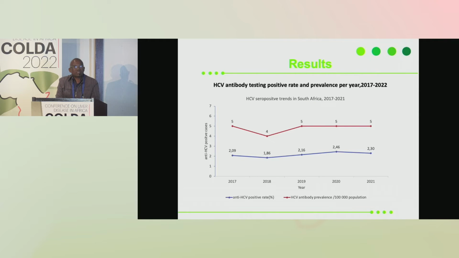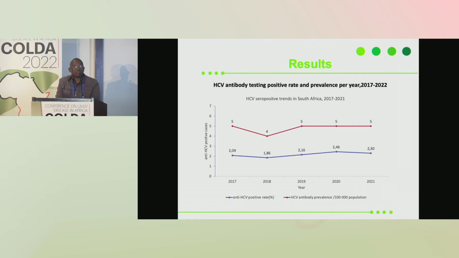Looking at the results, we started with the laboratory seroprevalence, looking at the antibody positivity rate when the laboratories were testing for HCV. We saw a pattern where the positivity rate was just above 2%, except in 2018 where it was 1.86%.